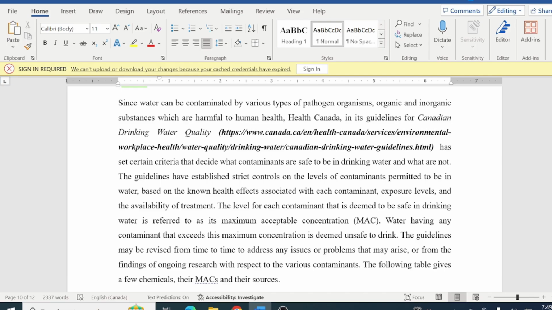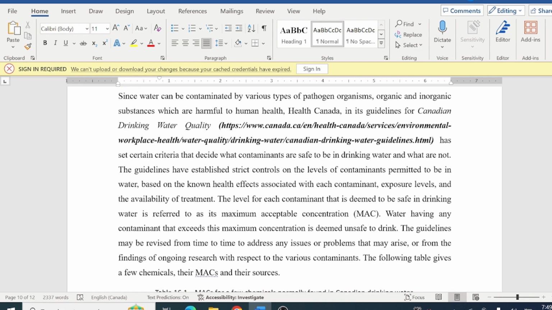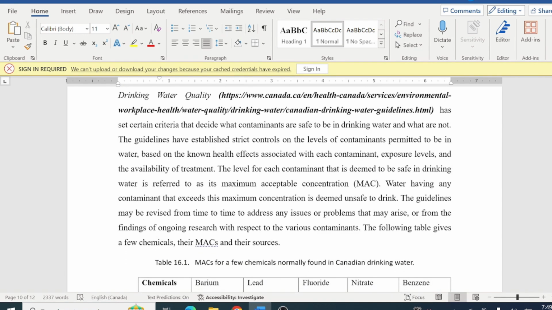The guidelines have established strict control on the levels of contaminant permitted to be in water based on known health effects associated with each contaminant, exposure level, and availability of treatment. The level of each contaminant deemed to be safe in drinking water is referred to as its maximum acceptable concentration, MAC.